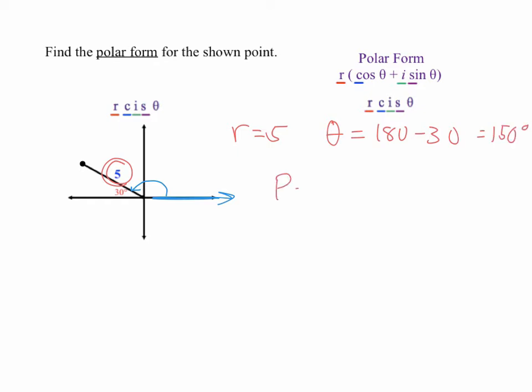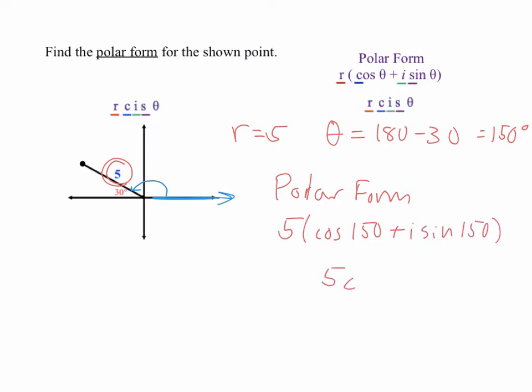So my polar form this time would be 5 times cosine 150 plus i sine 150, or 5 cis 150. You do not need to write both forms ever. You can pick one or the other depending on what you like and what the situation is.